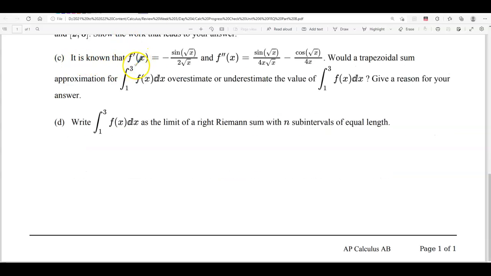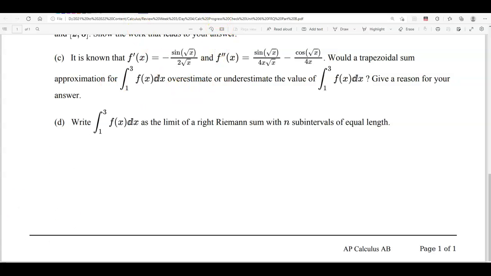So for part C, they tell you the first derivative, they tell you the second derivative also, and then they ask, would a trapezoidal estimate be an underestimate or an overestimate?